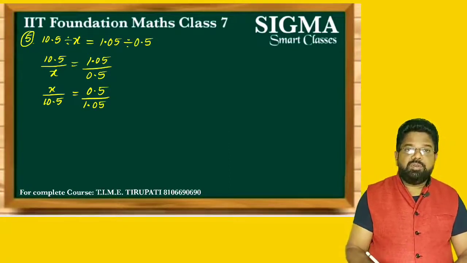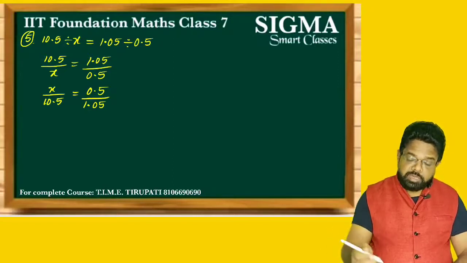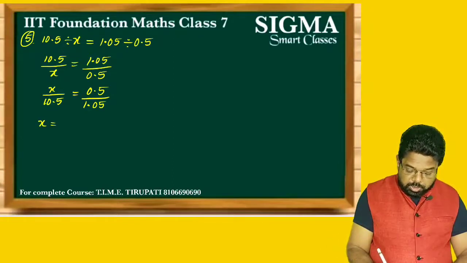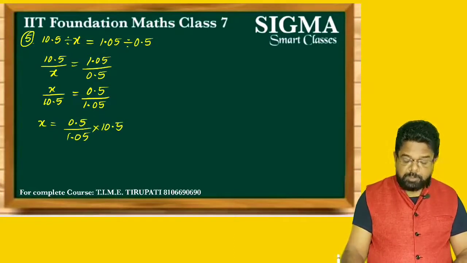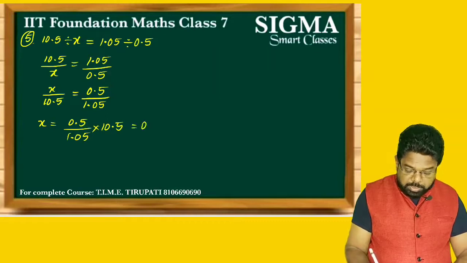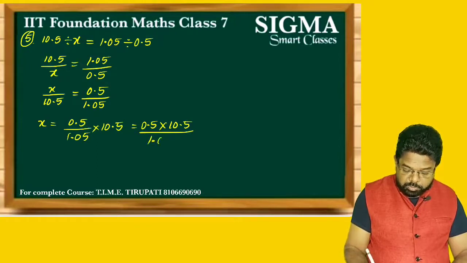Now we require x, so take 10.5 to this side. So x equals 0.5 by 1.05 into 10.5. It can be written as 0.5 into 10.5 divided by 1.05.